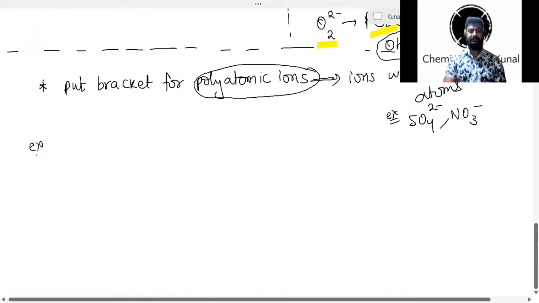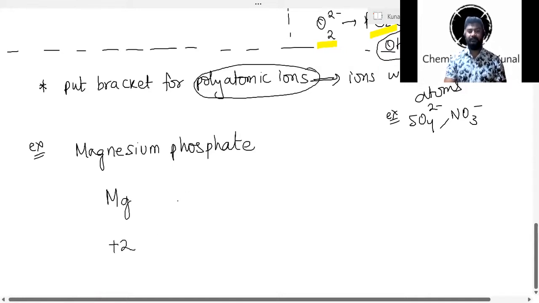Let me give an example. Suppose you have been asked to write the formula of magnesium phosphate. How do we do it? Magnesium has a charge of 2 plus. We know that. And phosphate is PO4, with a charge of 3 minus. Is it a polyatomic ion? Yes. So what will we do? Put a bracket. And don't write the charges, there's no need.